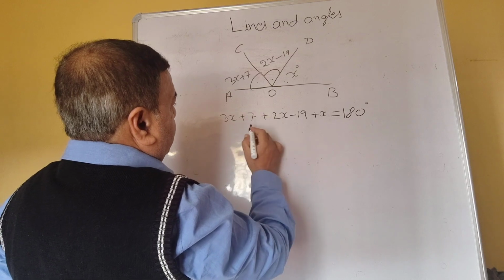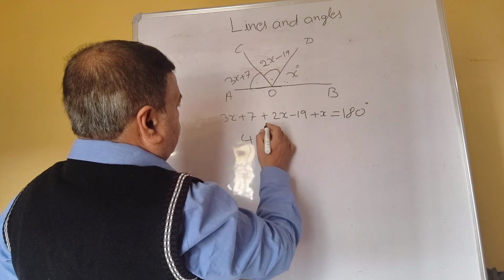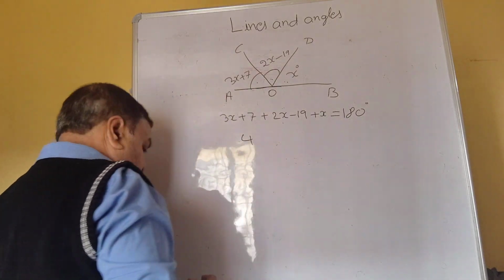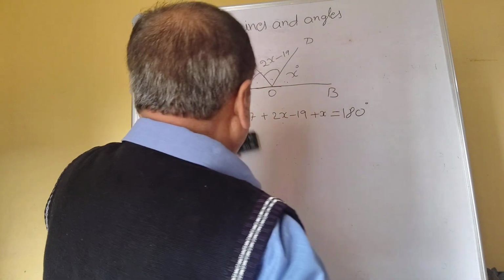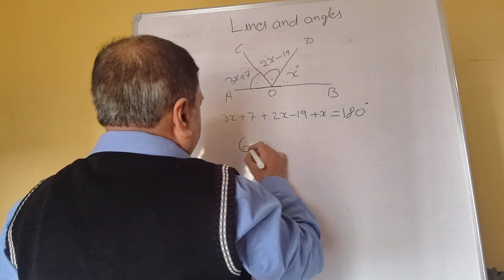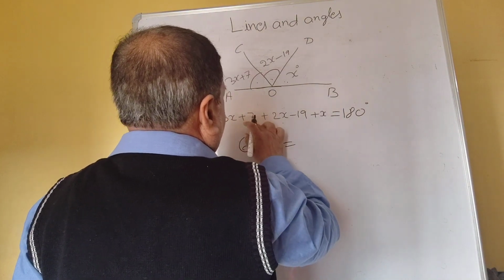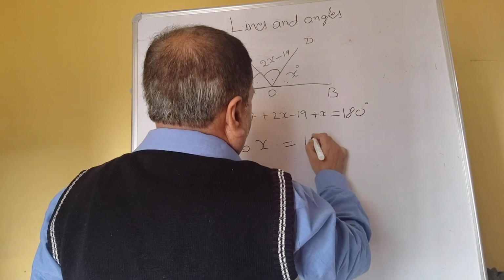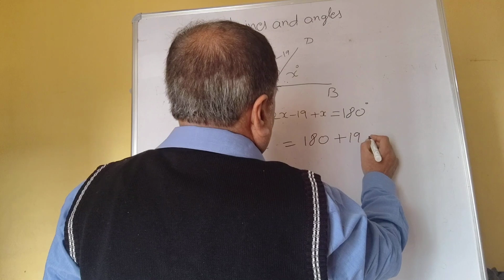So 3x plus 2x plus x is 6x. Sorry, 3 plus 2 is 5, plus 1 is 6x. And we will take this 7 and minus 19 to that side. So 180 plus 19 minus 7.